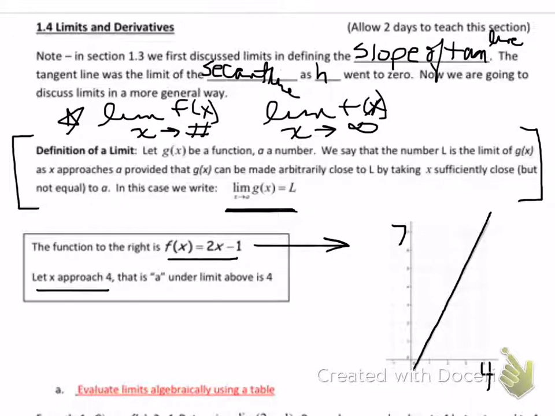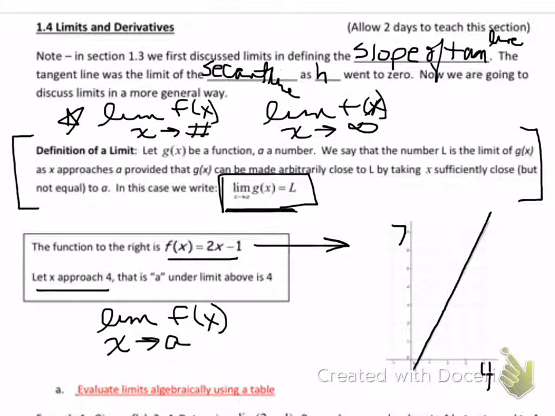So let's write this in terms of the function that we have on the right. I would say the limit of f of x as x approaches a is some number L. So when we talk about approaching, we approach from the left, and as we approach from the left, we go up to the function and over to get my y.